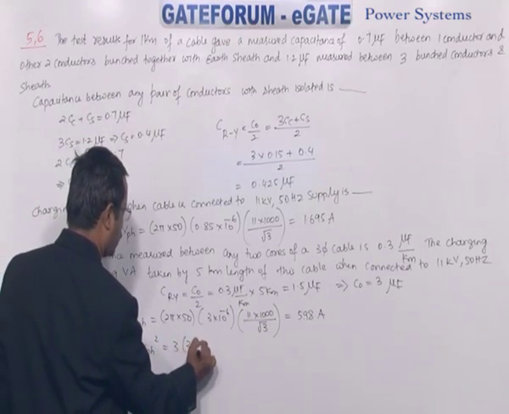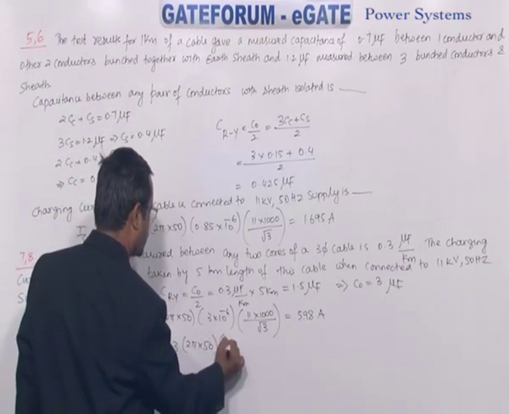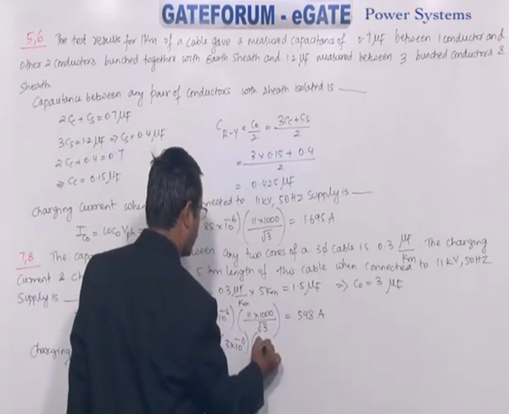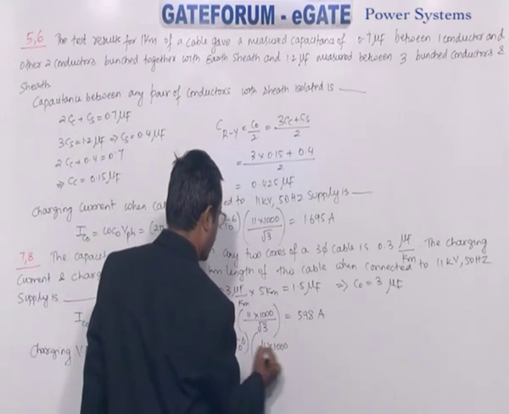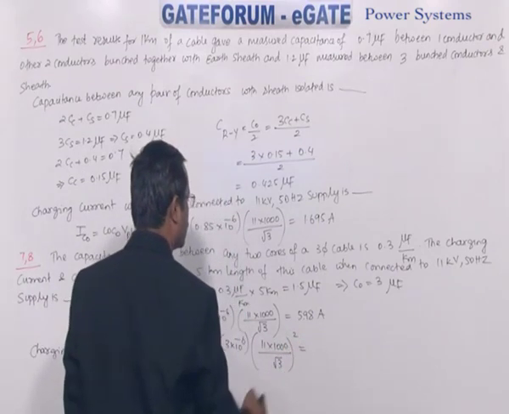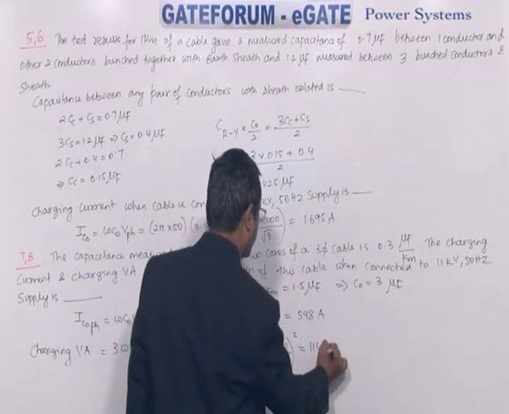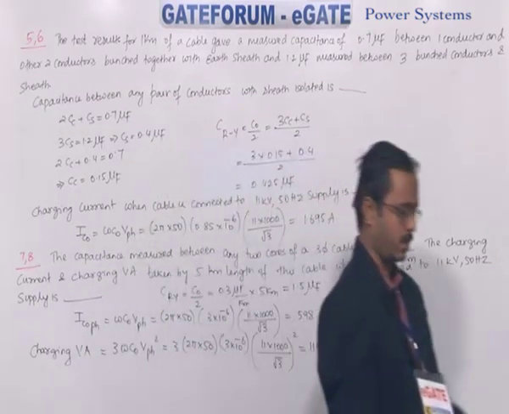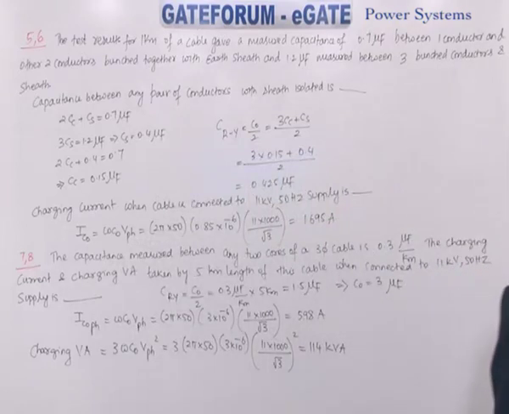So 3 into 2 pi 50 C naught 10 power minus 6. Now 11 kV line voltage by root 3 is the phase voltage. On simplifying this, you get the answer as 114 kVA.